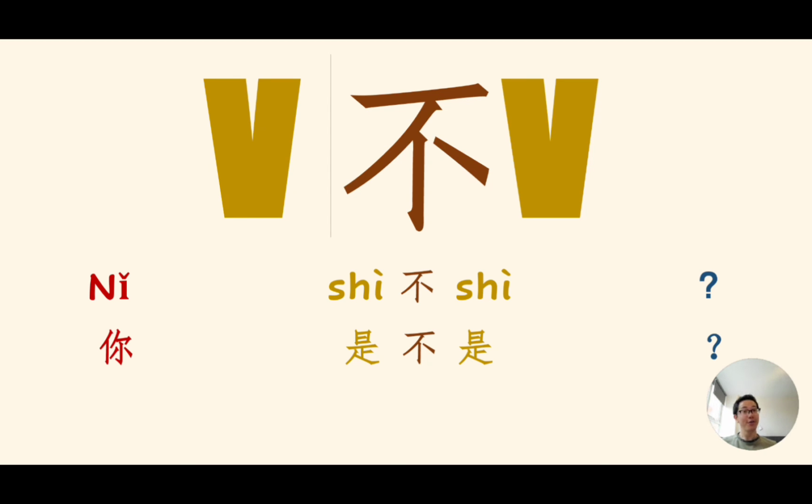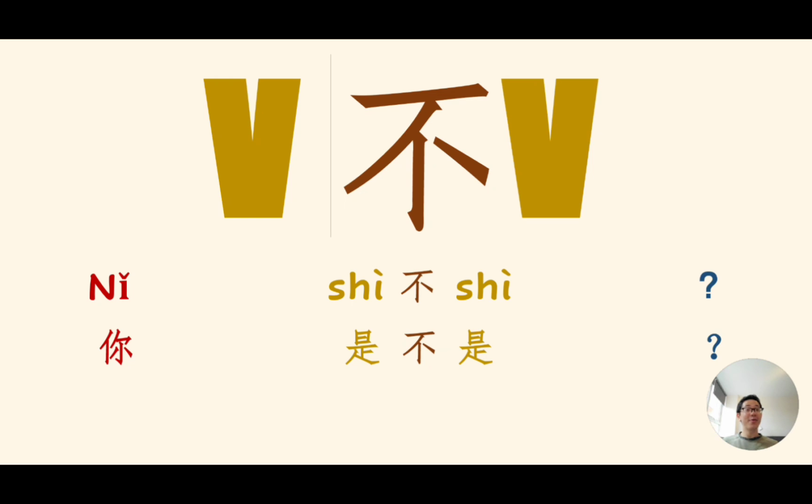Sometimes I can give you some optional choices. 是不是. In this structure, you can make a choice between option 1, 是, or option 2, 不是.